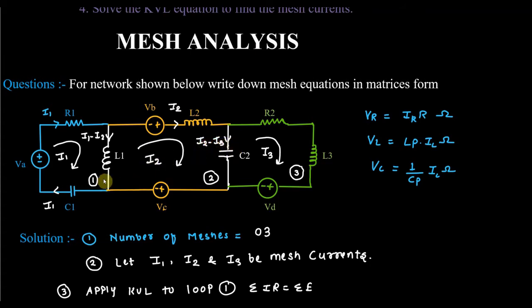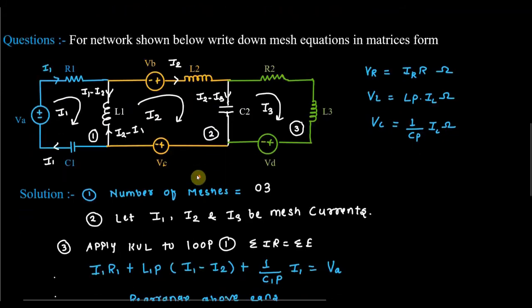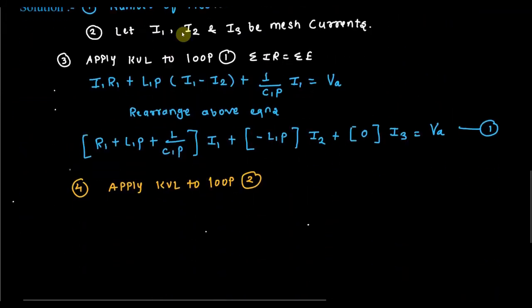Now what is the current in L1? We are considering this loop, and L1 is common to the second and first loop, so the current is I2 minus I1. Now find the voltage drops. First is L2 into I2.